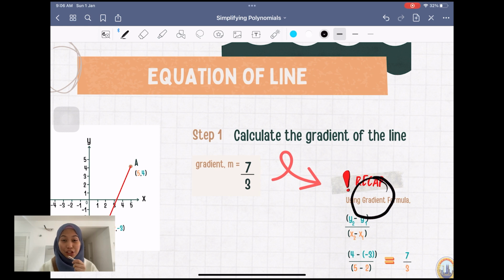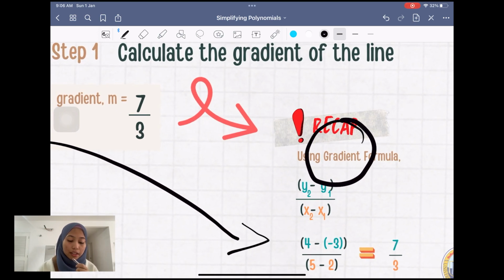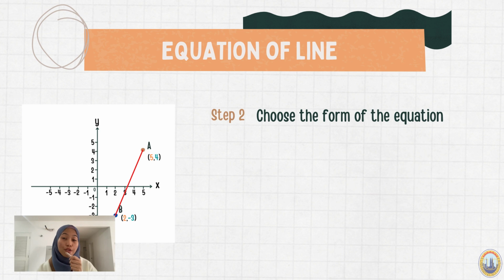Okay, just a short recap. We are using the gradient formula y2 minus y1 divided by x2 minus x1. So, when we substitute the coordinates into the formula, we got 7 over 3. That's it. For the second step, we have to choose the equation.